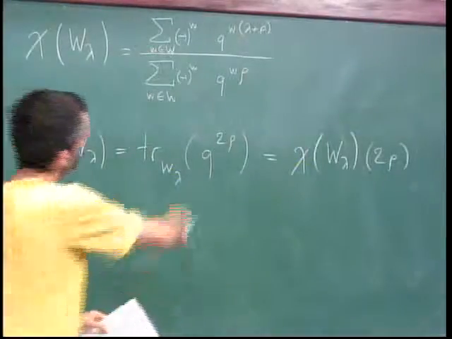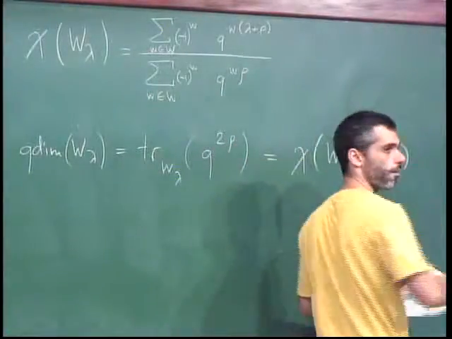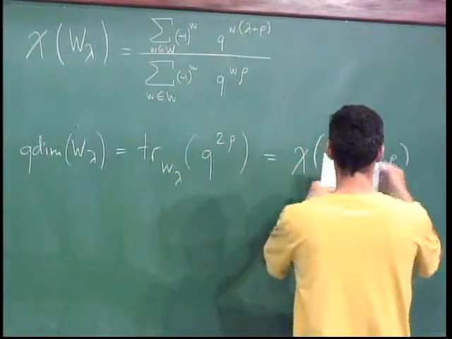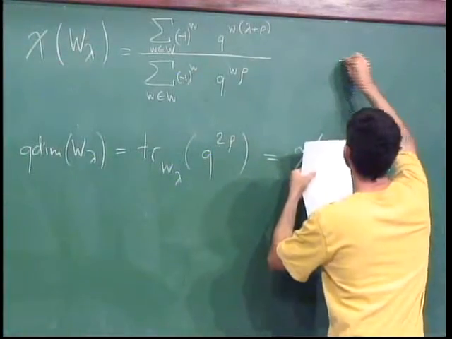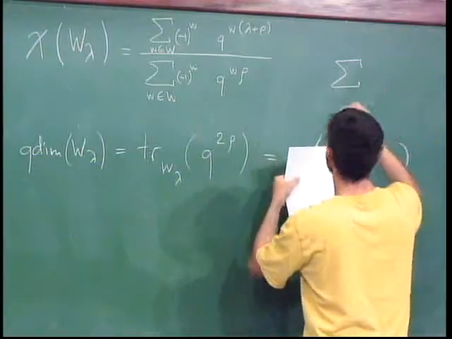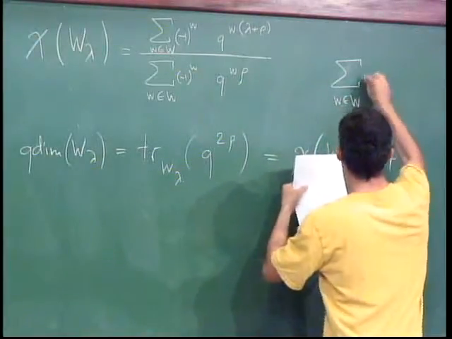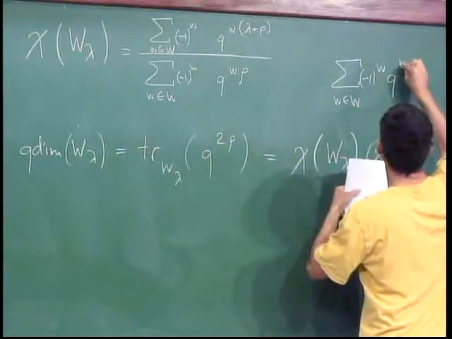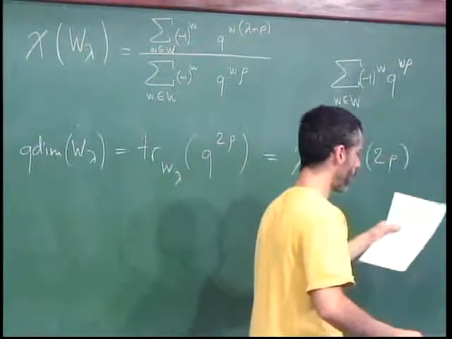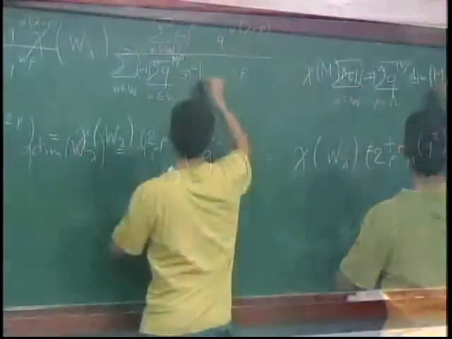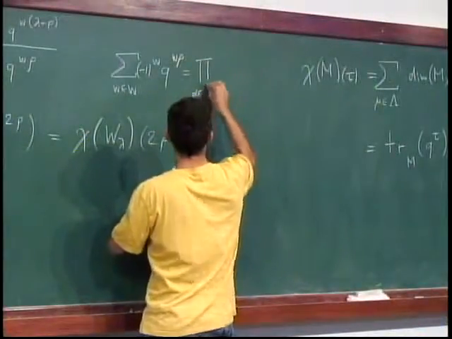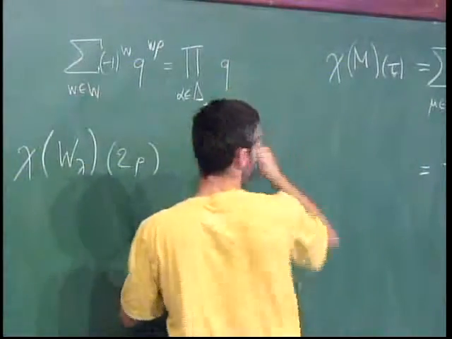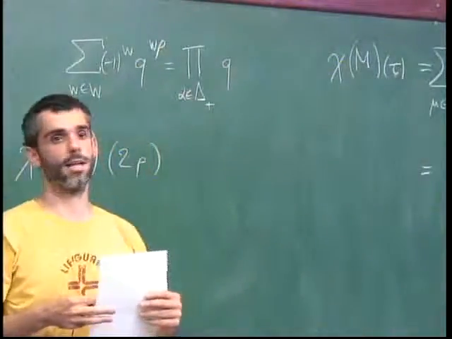There is an auxiliary formula, called the Weyl denominator formula, that says that this alternating sum over the Weyl group of q to the w acting on rho can be written as a product over positive roots. Again, it looks slightly different from before.